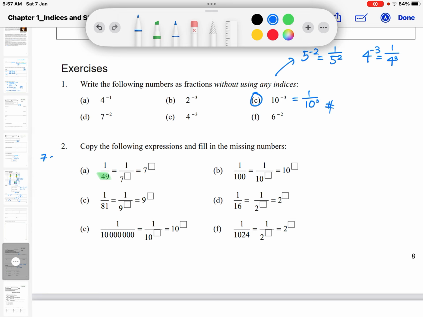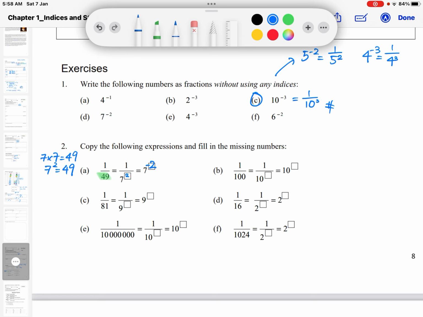So this means 7 squared is 49, so I can rewrite 49 as 7 to the power of 2. If I want to rewrite 1 over 7 to the power of 2 in this form, then this will become 7 to the power of negative 2. Not 7 to the power of 2, 7 to the power of negative 2.